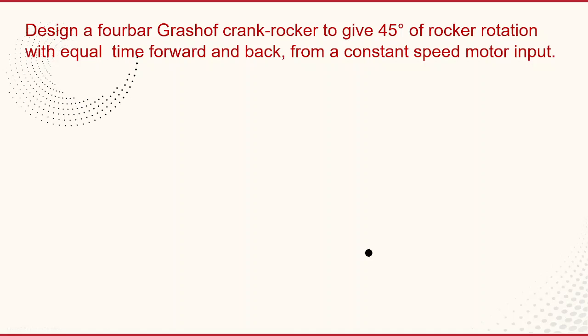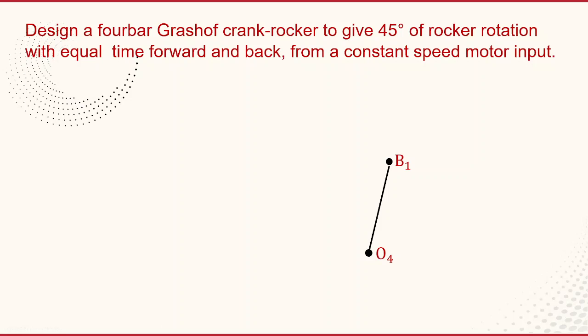Now let us take a convenient point and assign it O4. Then take the rocker arm and draw one certain position, which is not given, so you can take any position. That's B1. Now O4 B1 is the rocker link.